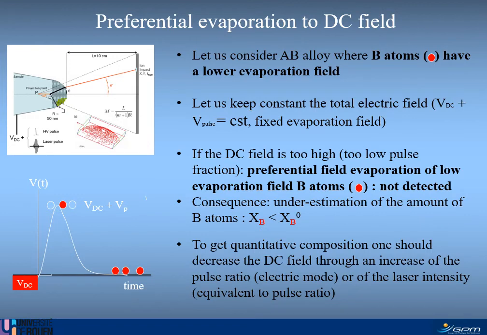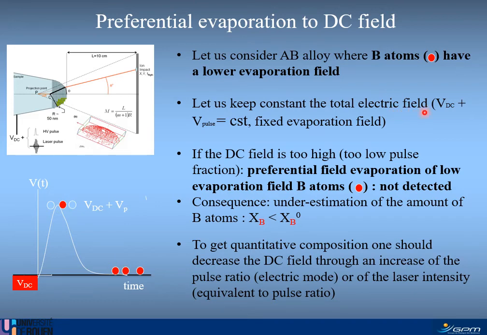So the second source of problems, if you want to have a good quantitativity, is the problem of preferential evaporation to the DC field. More precisely, this is the problem of the preferential evaporation of low evaporation field atoms to the DC field. Let us consider an A-B alloy, where B atoms have a lower evaporation field, and let us keep constant the total electric field.